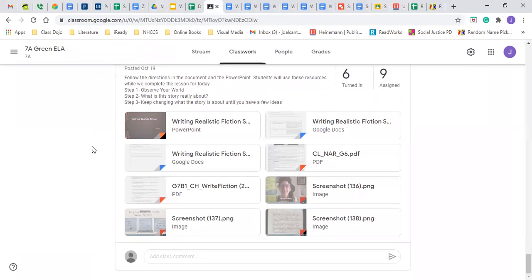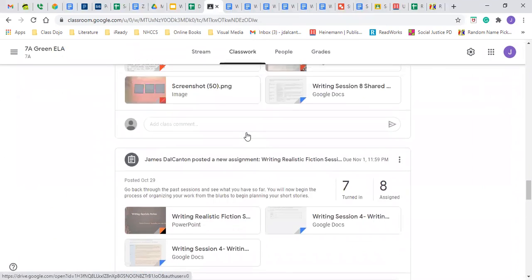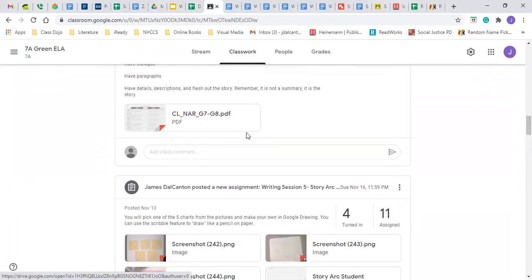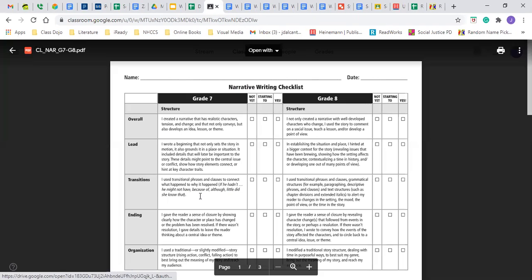Just to go back to Google Classroom again, the last piece of evidence that is on Google Classroom, and it's right here, it doesn't have a name per se, but it's from November 29th that it was posted. This is the checklist students are going to look at as they're doing their writing.